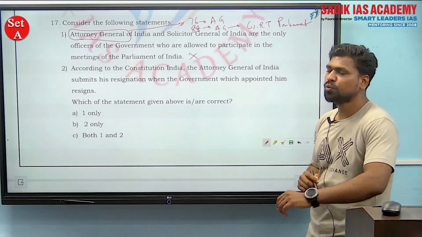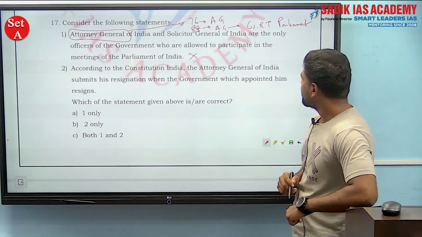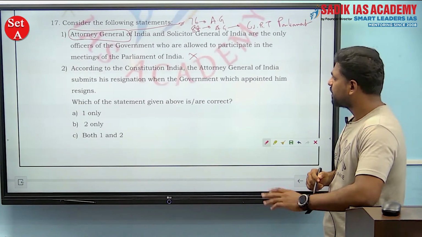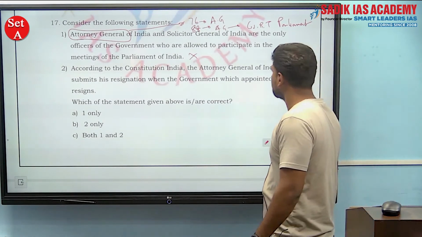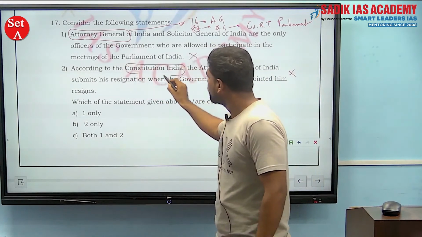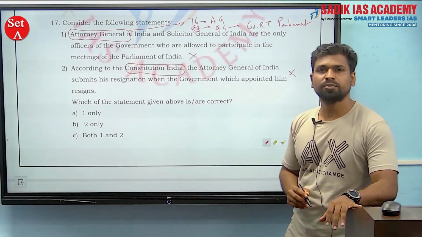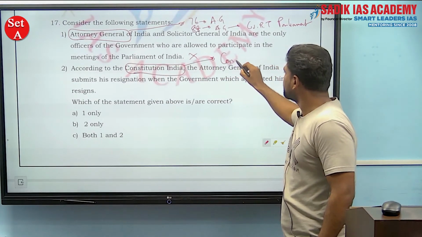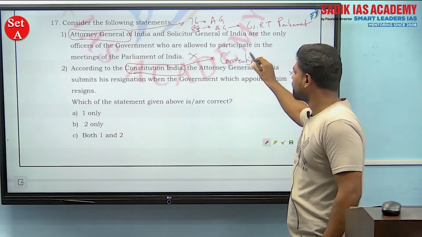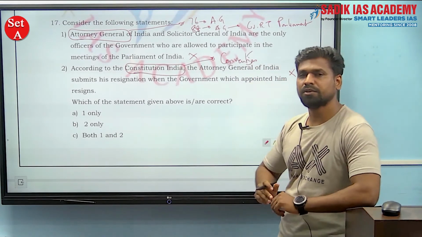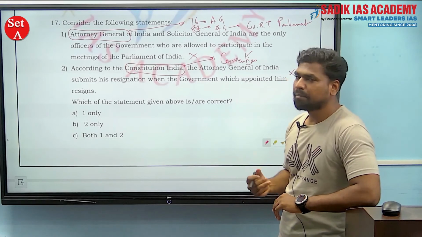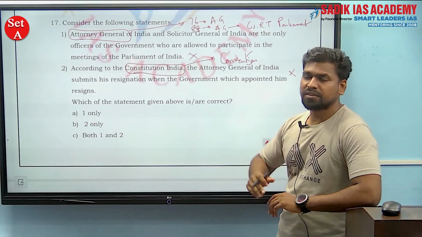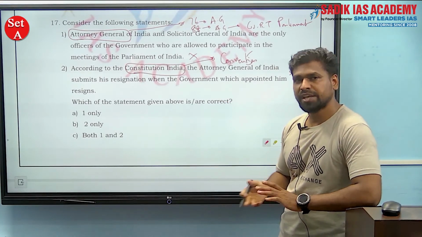What about statement number 2? According to the Constitution of India, the Attorney General of India submits his resignation when the government which appointed him resigns. This statement is also wrong because this provision is not provided in the Constitution of India. It is just a convention. Because the ruling party appoints him, when the ruling party resigns, naturally the Attorney General also resigns.